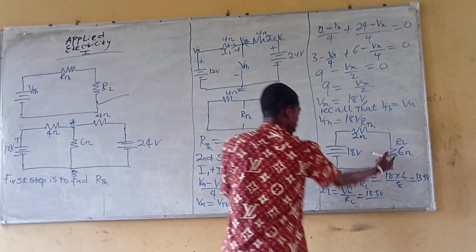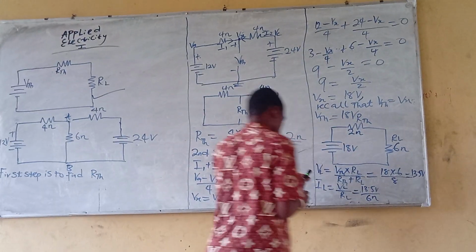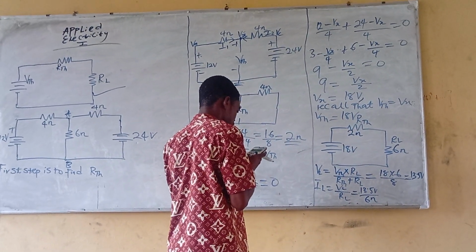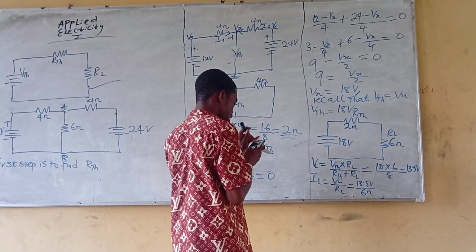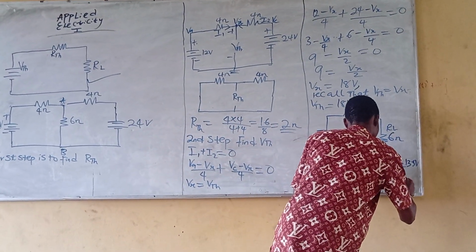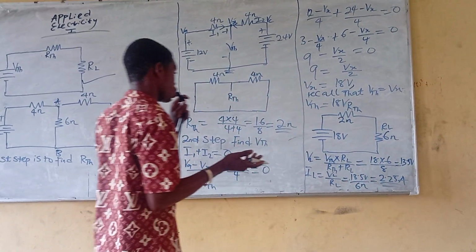What's RL? 6 ohms. So 13.5 divided by 6, and you get 2.25 amperes.